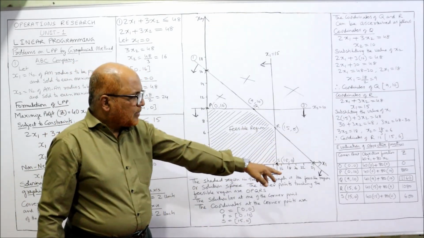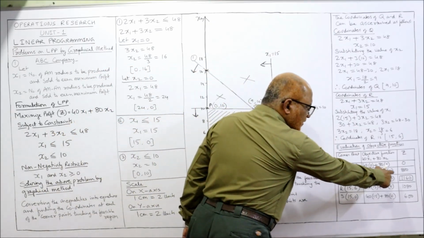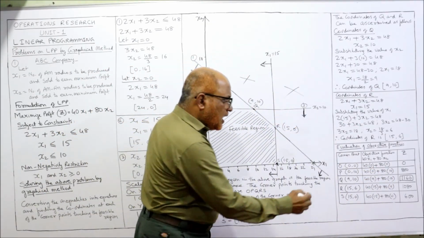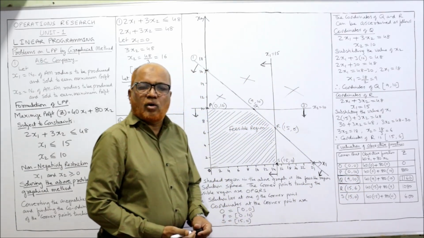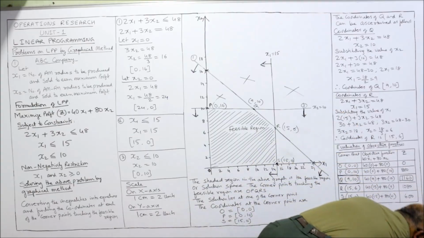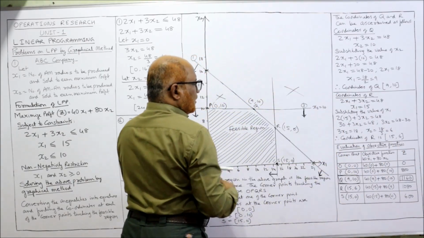Now you locate where the Z value is the highest. The Z value is highest, 1160, at the corner point Q. Now we have to write the conclusion. How will the conclusion be written?